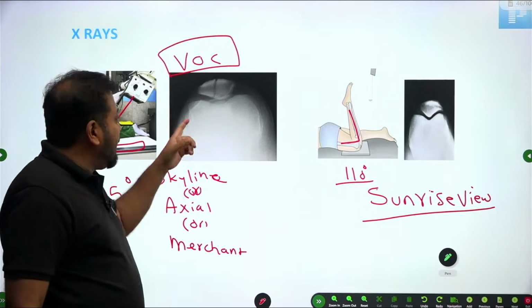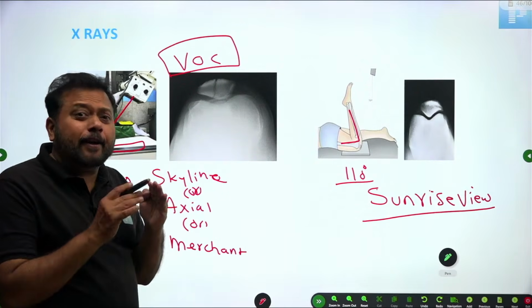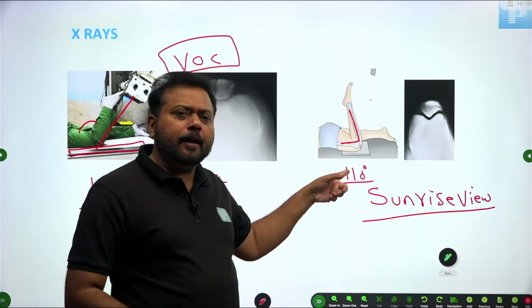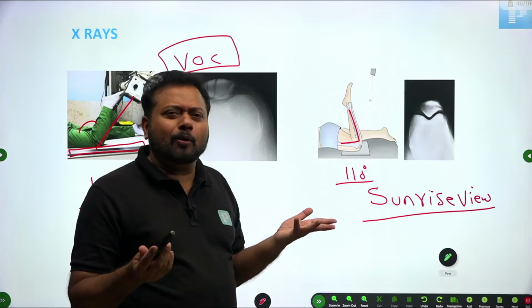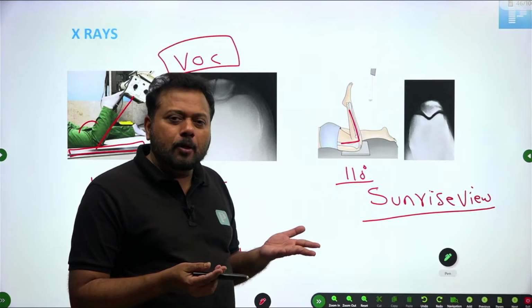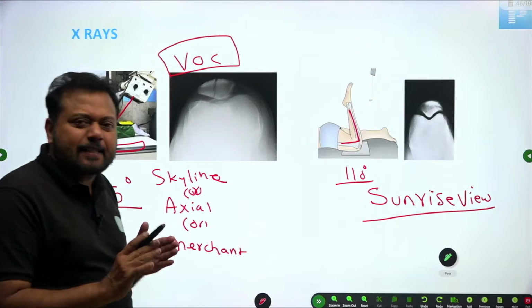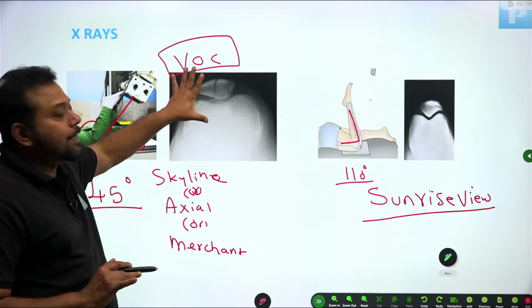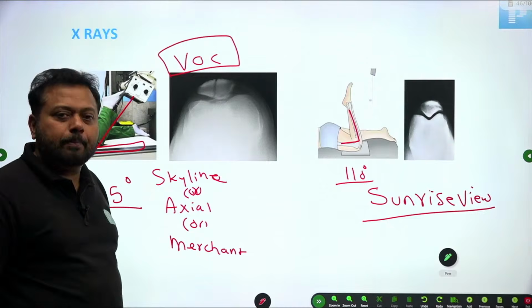Why? Because when I flex to 45 degree, pain will be less. When I flex to 110 degree, pain will be more. Already he is having a transverse fracture patella, how painful it will be. So it will hurt the patient less when you flex it to 45. This is more than enough, so this has become the view of choice, the best view.